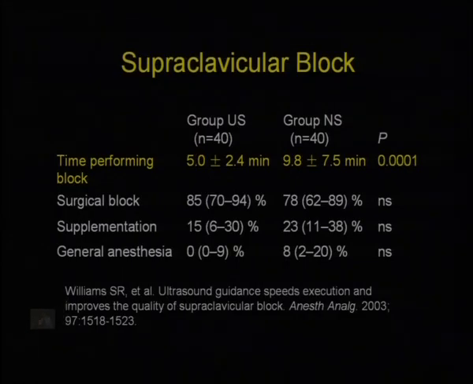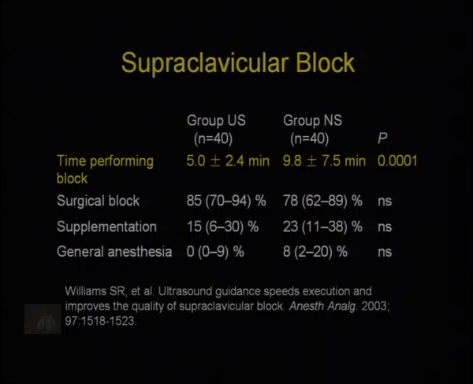A more recent randomized controlled trial is on the use of ultrasound-guided supraclavicular nerve blocks. This group of investigators studied a bigger sample of patients, 40 in each group, ultrasound-guided and nerve stimulator-guided. They found, using ultrasound-guided, the time to perform the nerve block is actually shorter. So they only need around 5 minutes to do an ultrasound-guided nerve block, whereas the nerve stimulator, they need 10 minutes.